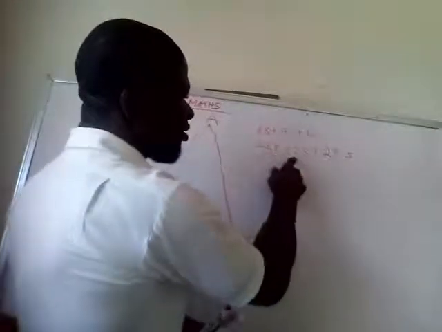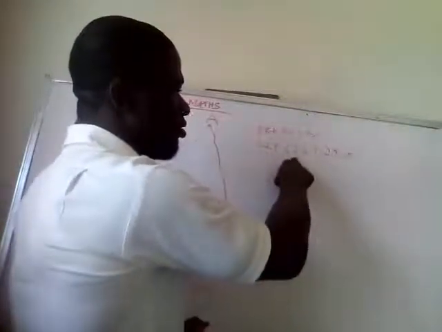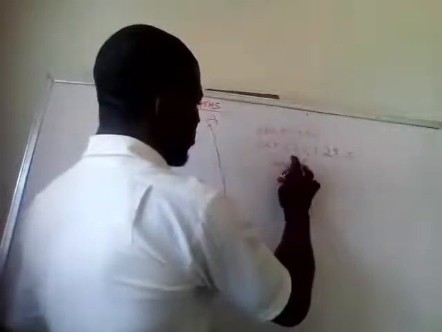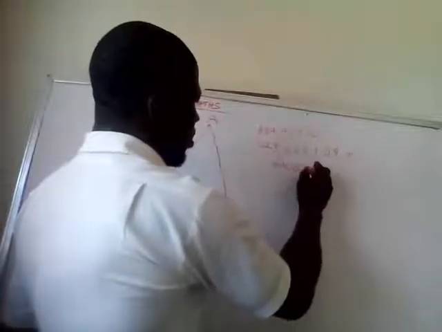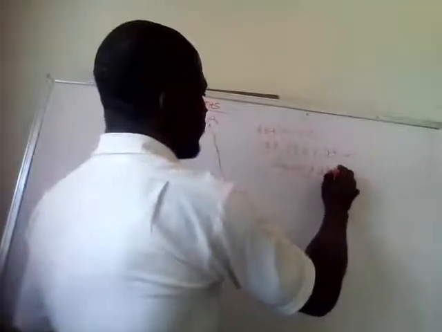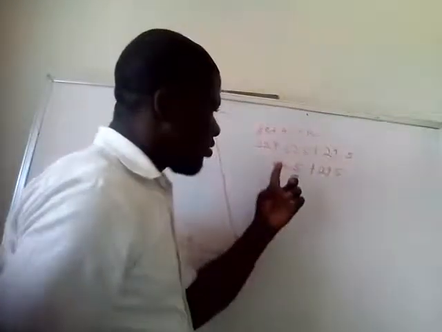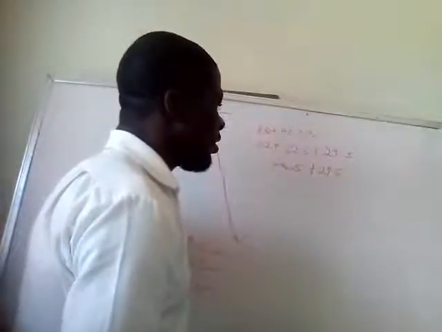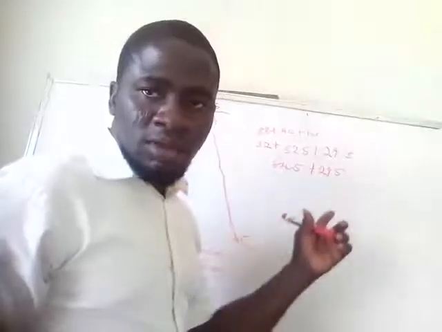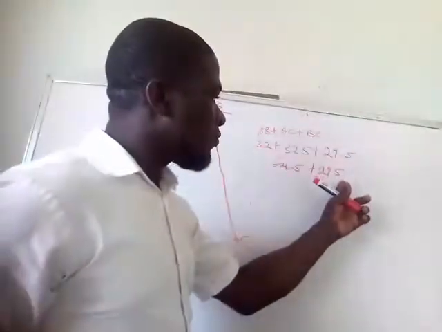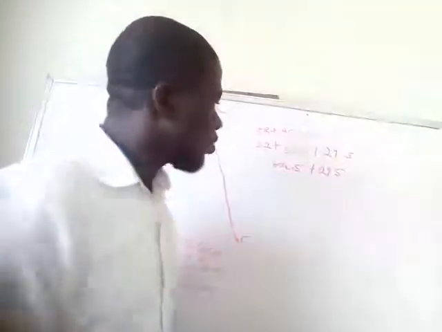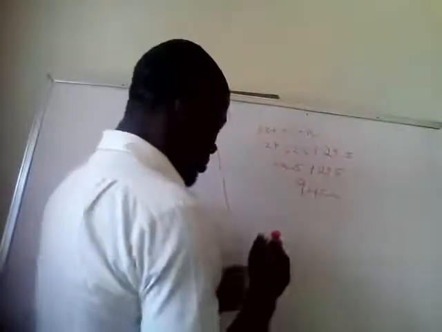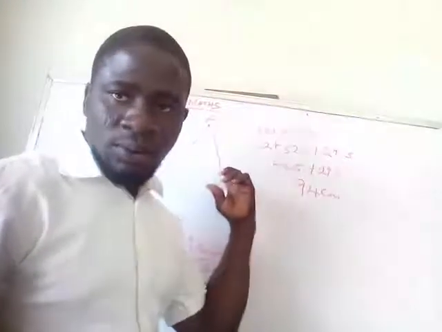So you have 32 plus 32.5 will give me 64.5 plus 29.5. 64 and 29 will give me 93. 93 plus half, that's 0.5 and 0.5, will give me 94. So you have 94 cm as the perimeter of this triangle.